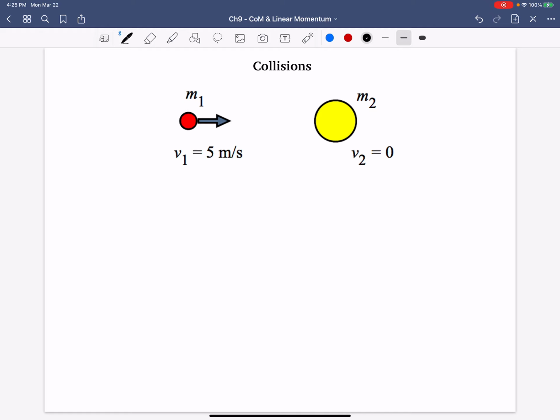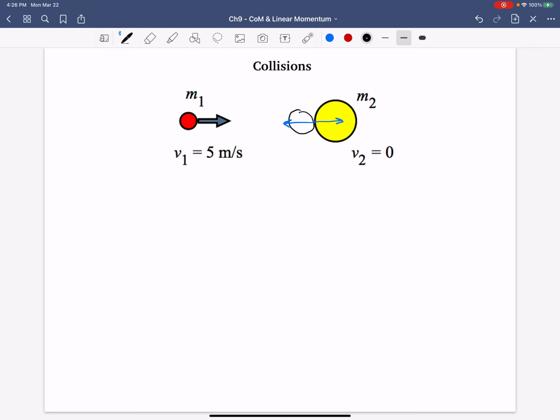Well, if they elastically collide without any deformation, that means that when they're in contact, there's an equal force of mass 1 on mass 2 and mass 2 on mass 1. There are equal and opposite forces, Newton's third law.